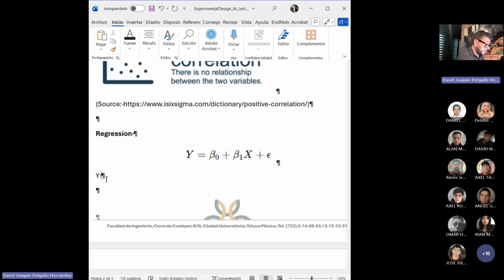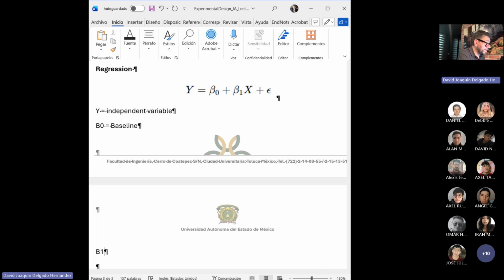So y is the independent variable. Then I'm going to put beta 0, which is the baseline. It is called the baseline. Then beta 1 is called the sensitivity.